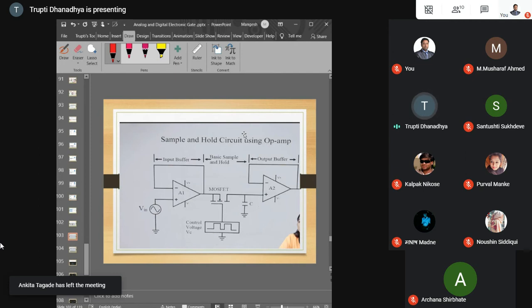There are a number of triggering methods: PWM, space vector. All these are triggering methods for MOSFETs, IGBTs, BJTs. We can use the PWM technique or space vector or random PWM techniques for triggering the MOSFET or semiconductor devices. So the control voltage is used to trigger the MOSFET.